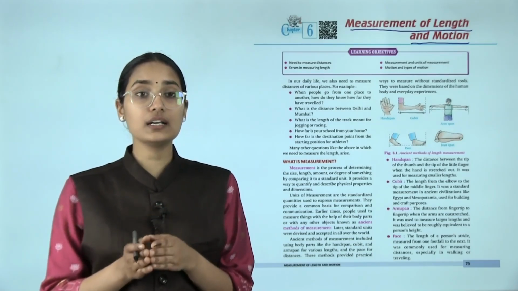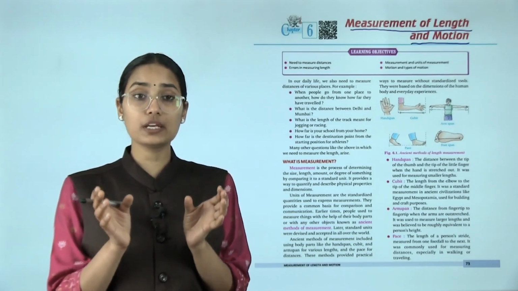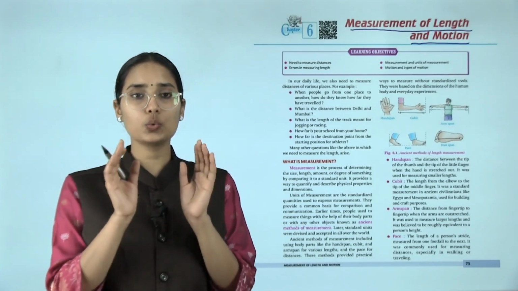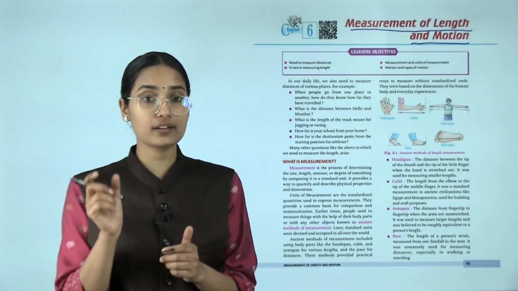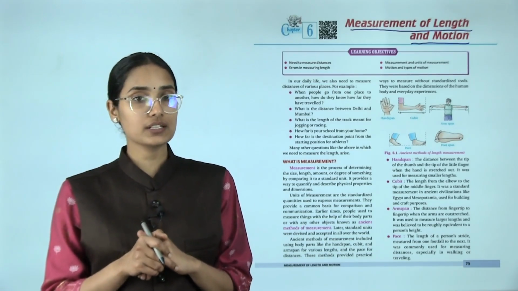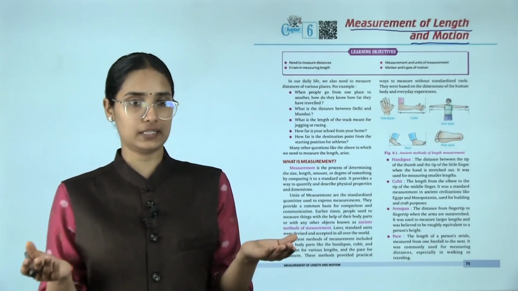Then we will understand why it is not possible to measure any length exactly, why some error exists. And then we will understand the types of motion, what motion is and how it can be measured.